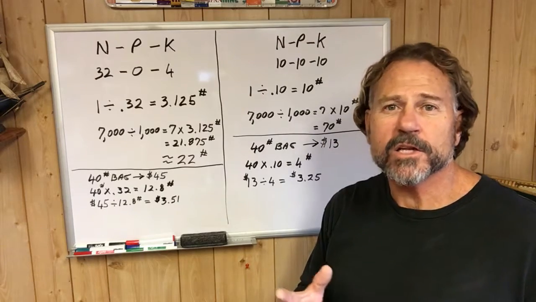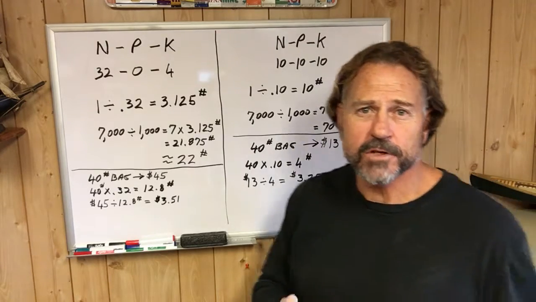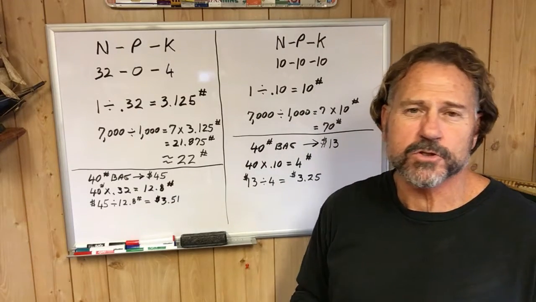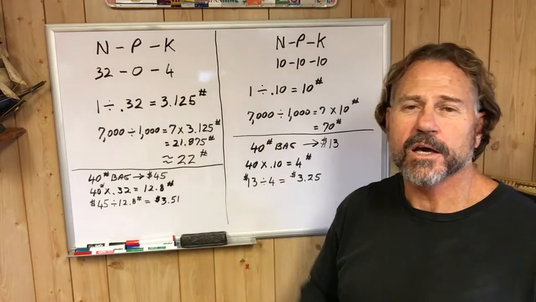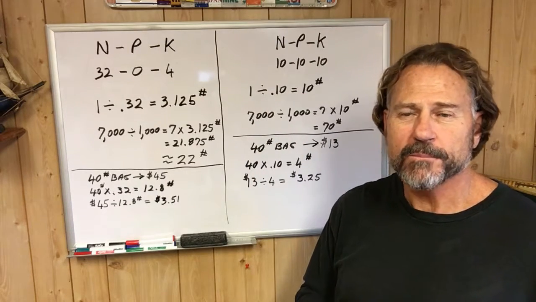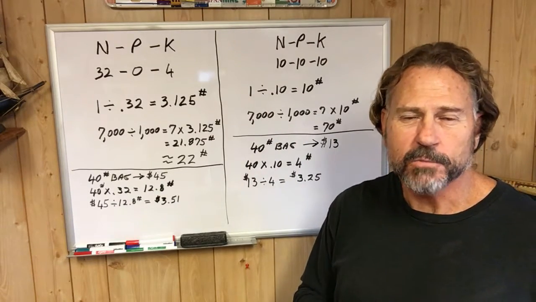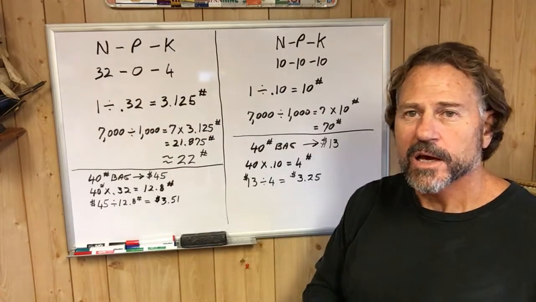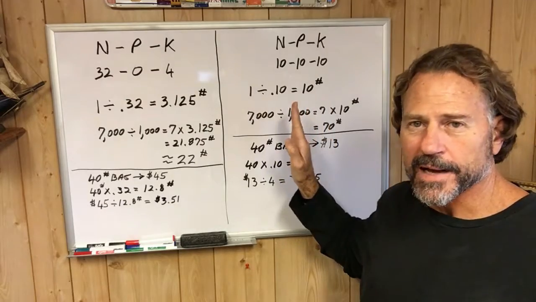And you really need to do a soil analysis to determine if you're deficient in those nutrients anyway. Maybe I'll do a video series on how to sample the soil and how to determine the deficiency or non-deficiency of those two nutrients. But for now, you don't really need to worry about it too much. So if you're just looking at straight nitrogen, then this would be the better buy.